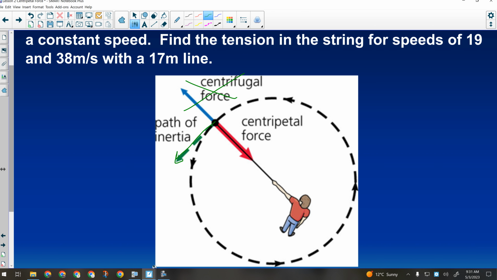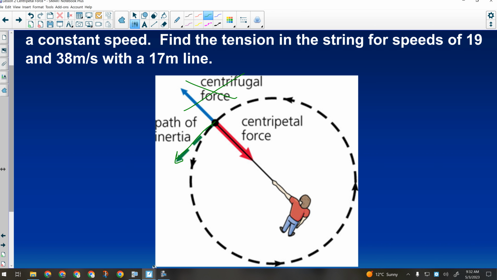Like for example, in a centrifuge, which is a medical instrument that they use to separate the components of blood. If you get a blood test, a lot of times they'll put that vial in a centrifuge and whirl it around so all the heavy elements, that would be the cells, go to the bottom and all the plasma and lighter stuff stays on top because it has less inertia.